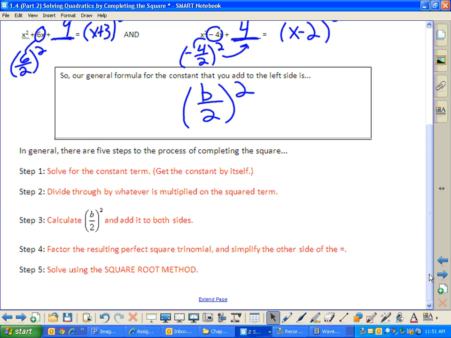It's not going to happen. Step 3, you're going to calculate b divided by 2 squared and add that onto both sides of your equation. What's nice about that is then it makes the left side factorable. So in step 4, you're going to factor the left side and simplify the right side. And then in the last step, you solve using the square root method, aka SADMAP.